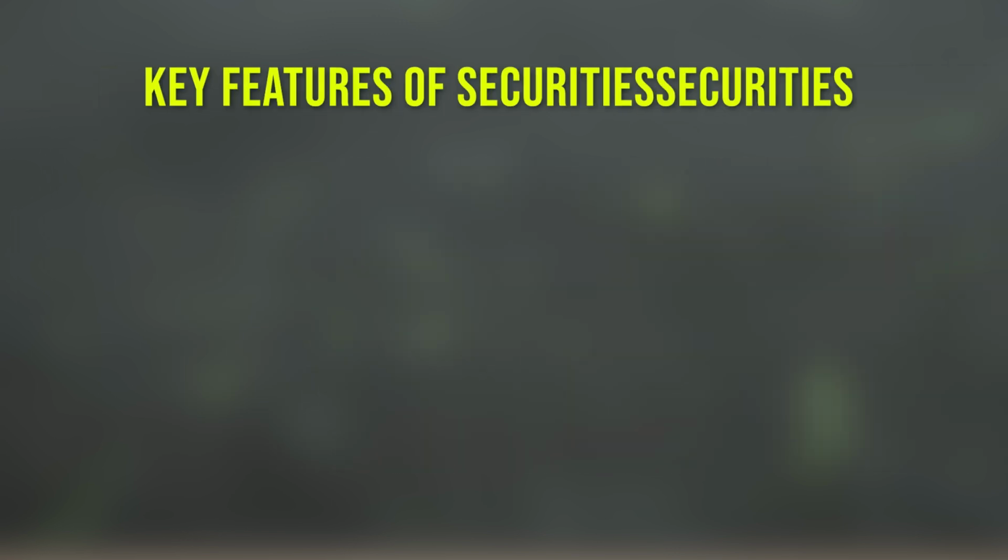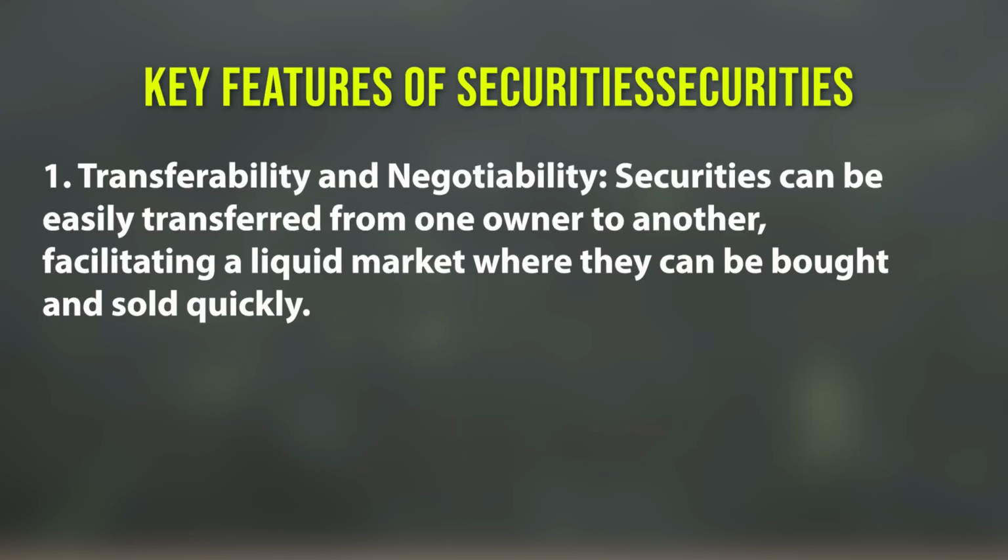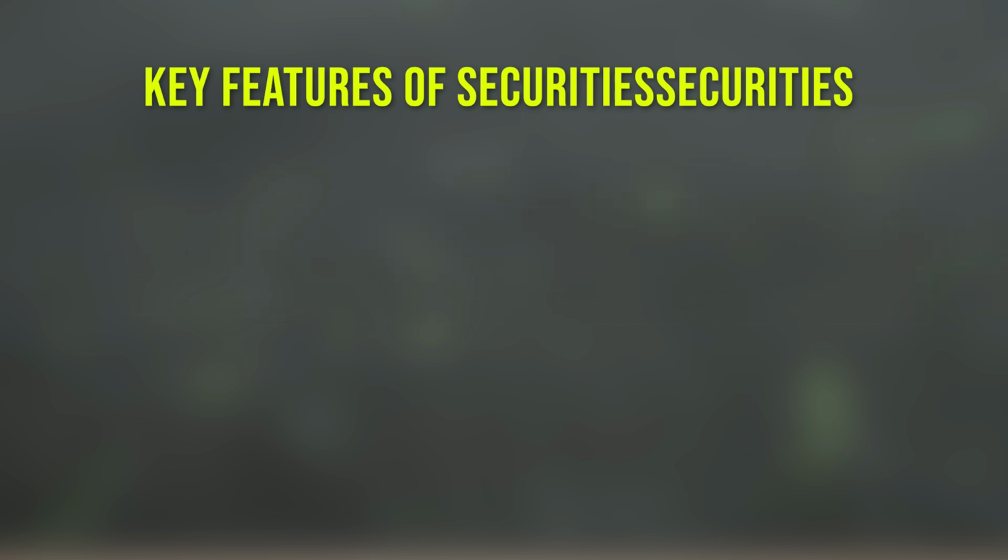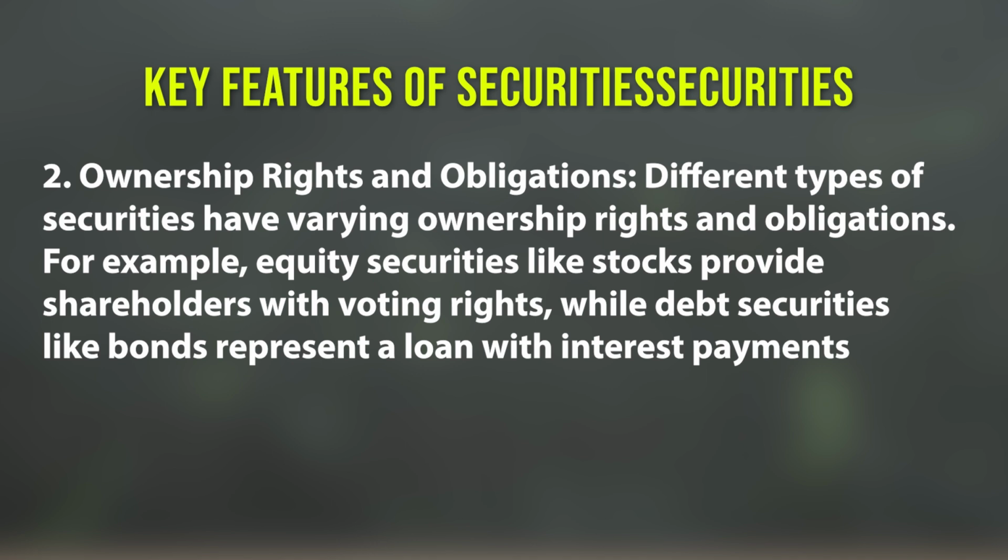Next one, key features of the security. Number one, transferability and negotiability. Securities can be easily transferred from one owner to another, facilitating a liquid market where they can be bought and sold quickly. Next one, ownership rights and obligations. Different types of securities have varying ownership rights and obligations.